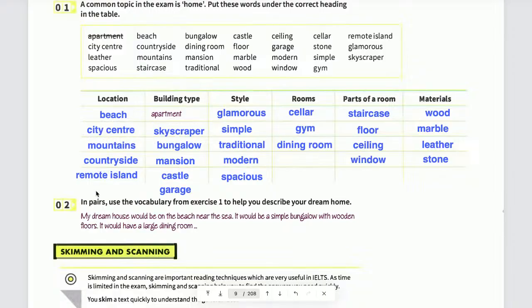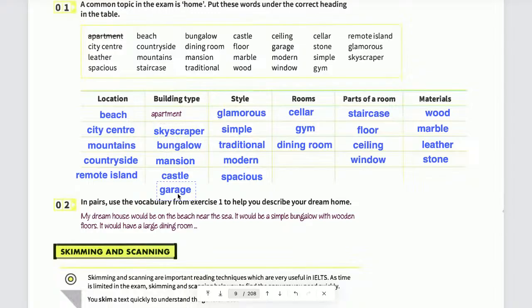And for building type, we have apartment, townhouse... Yeah, bungalow. Each one of you should tell me one. Bungalow. Ngọc Anh. Mansion. What else? Thiên Nga. Yeah, skyscraper. Thơ.